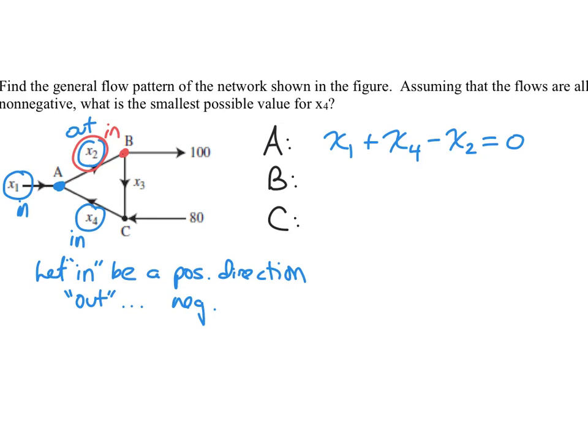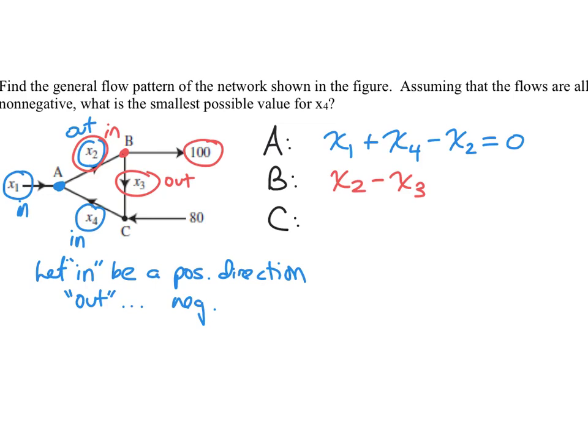All right, so that's a positive x2 based on my definition there. x3 is coming out, so minus x3. And then 100, it's not a variable, it's just a set quantity, but that's leaving node B. It's like if you're thinking about a theme park and you have a courtyard or a popular vendor.